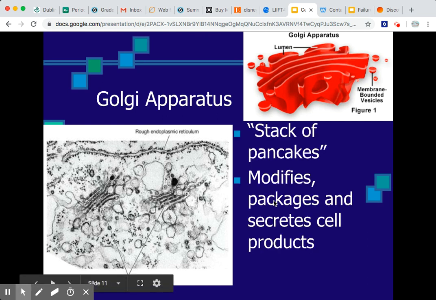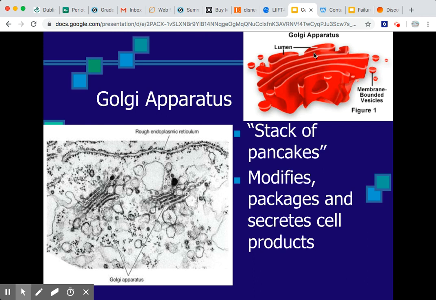Basically, this particular organelle serves in packaging and modifying and secreting different cell products. For the most part, it specializes in proteins. So inside of the structure, it will modify a protein, and then it will use a vesicle to transport that to where it needs to go in the cell.